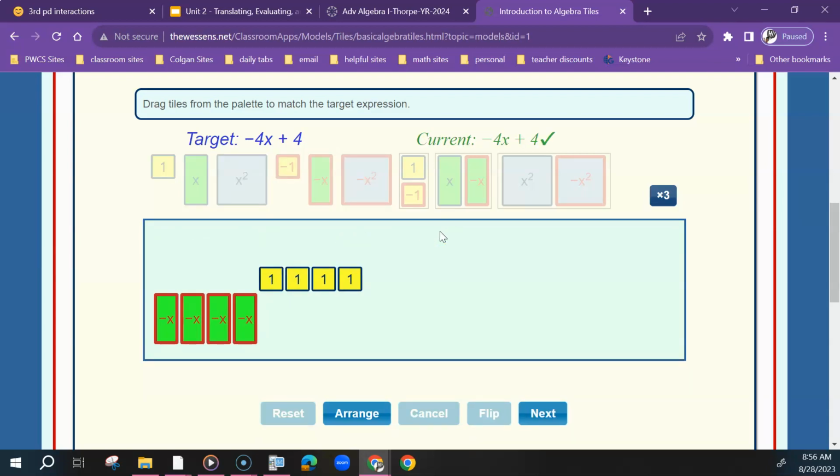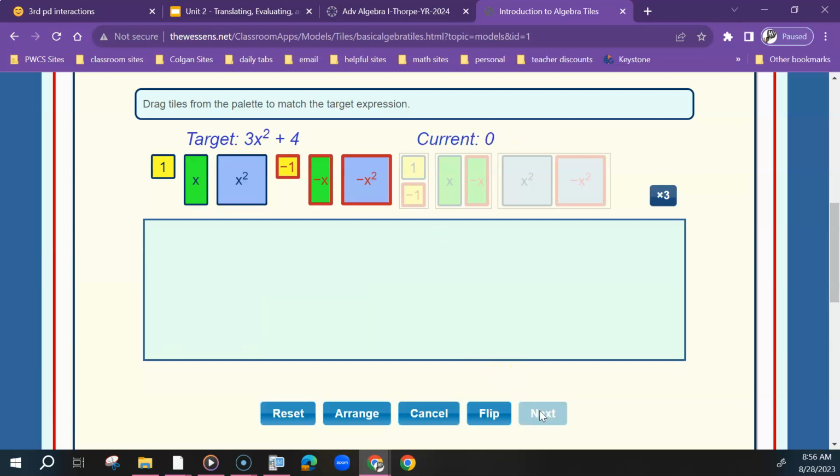Right, so you would have 4 negative x's and then 4 positive ones, and that would be our negative 4x plus 4. Let's try again. 3x squared plus 4. Ashley? 3 positive x squareds, and then the positive 4. Vanessa? Positive 4 ones.